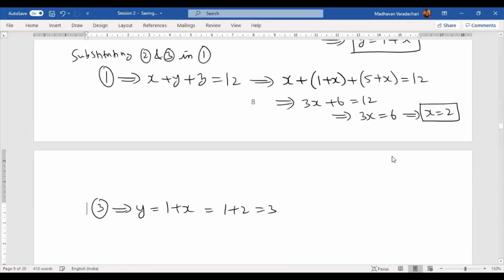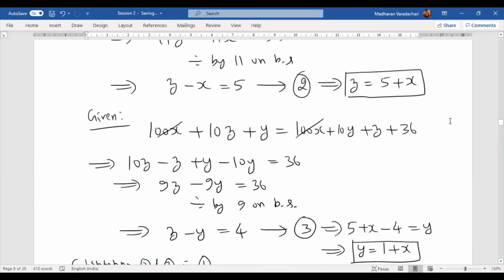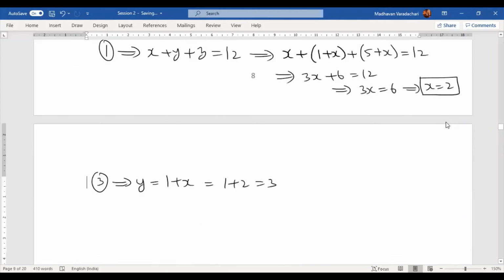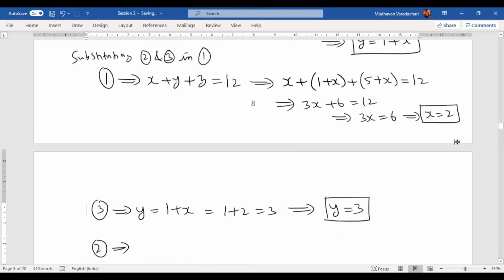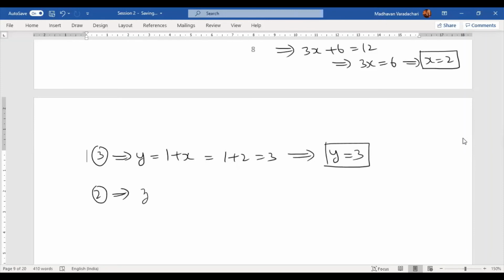So y is 3. The second equation says z is equal to 5 plus x. So 5 plus 2 is 7, which means our z is 7.